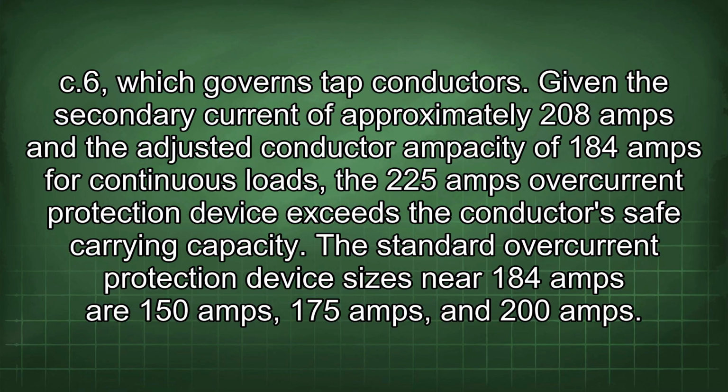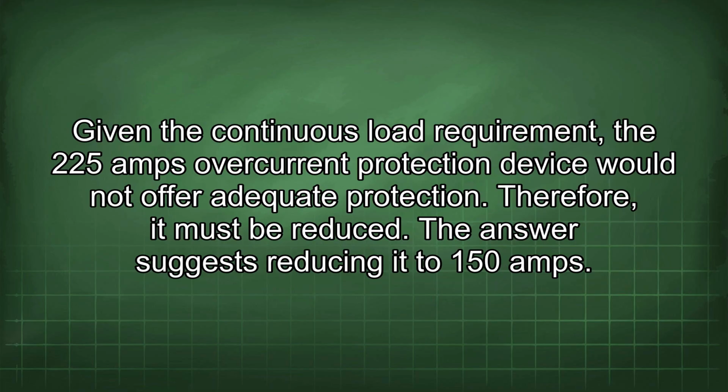Given the secondary current of approximately 208 amps and the adjusted conductor ampacity of 184 amps for continuous loads, the 225 amps overcurrent protection device exceeds the conductor's safe carrying capacity. The standard overcurrent protection device sizes near 184 amps are 150 amps, 175 amps, and 200 amps. Given the continuous load requirement, the 225 amps overcurrent protection device would not offer adequate protection. Therefore, it must be reduced.